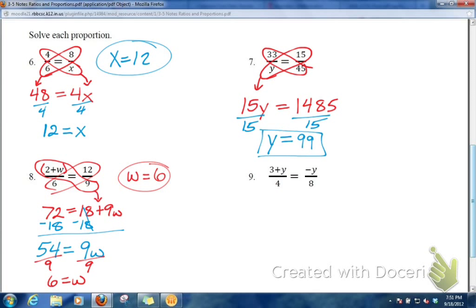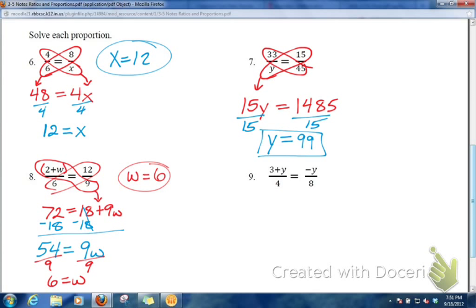Now, think about this. If you plug 6 back in for w, you would have 2 plus 6, which is 8. So you're saying that 8/6 is equal to 12/9. And you could reduce both those fractions and realize that, yes, indeed that is a true statement. So w needs to be 6 in that case to make that a proportion.